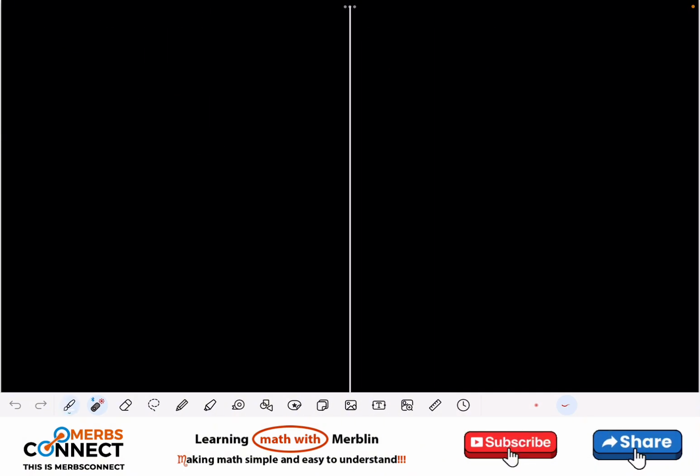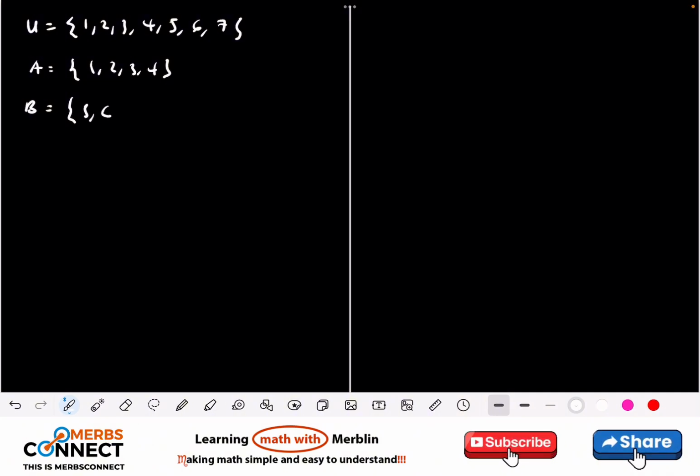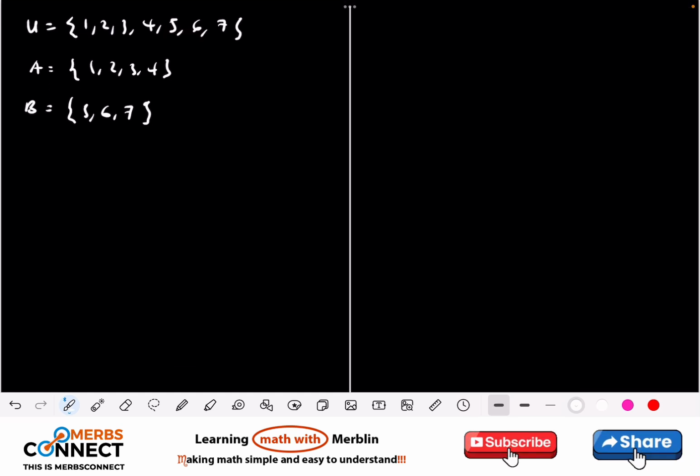So now let's assume that I have a universal set, which is, let's say, 1, 2, 3, 4, 5. I can go up to 6 and 7, right? Then let's assume that I have A, which is equal to 1, 2, 3, 4, and I have B, which is equal to 5, 6, 7. My first question is, we just learned from the previous video difference, right?